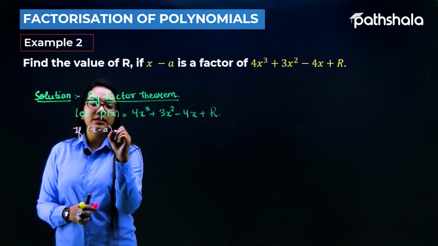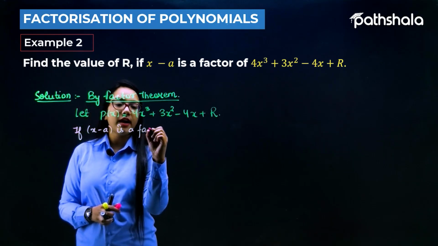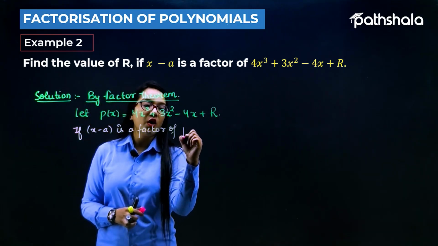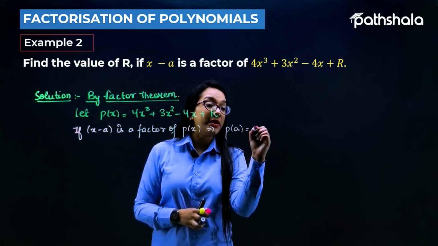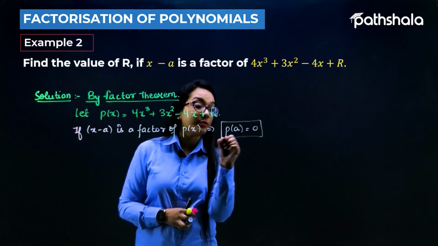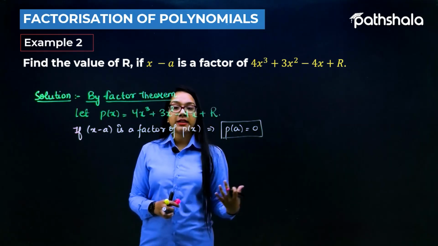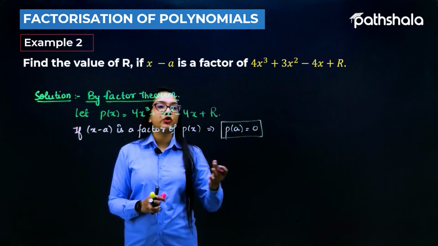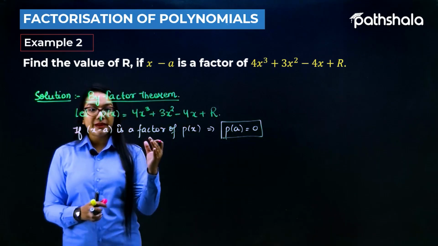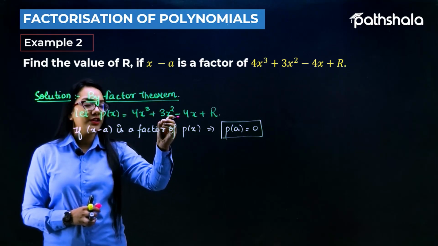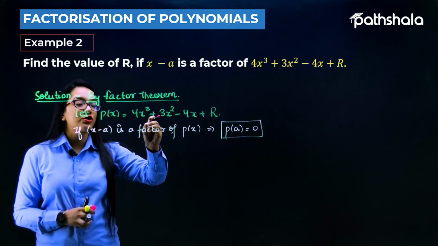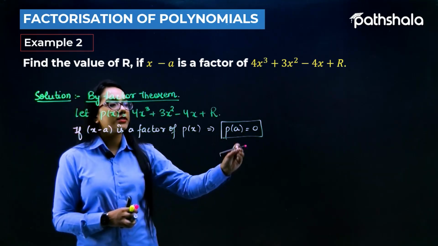If x minus a is a factor of p(x), then it implies p(a) should mandatorily be equal to 0 as per the factor theorem. So we can substitute x equal to a in this polynomial, and p(a) is equal to 0.